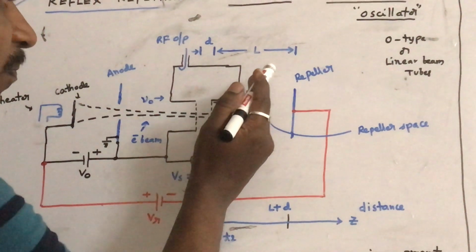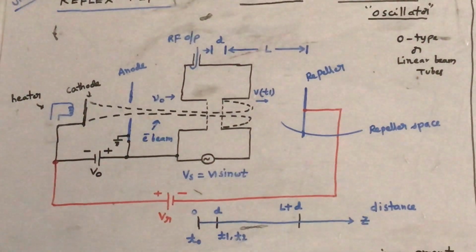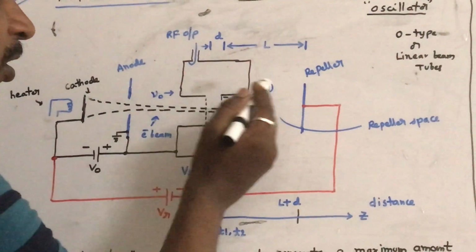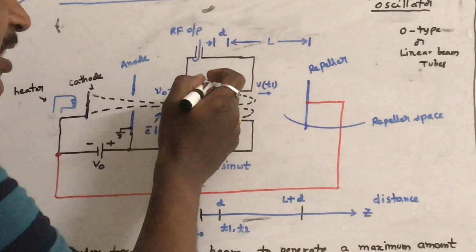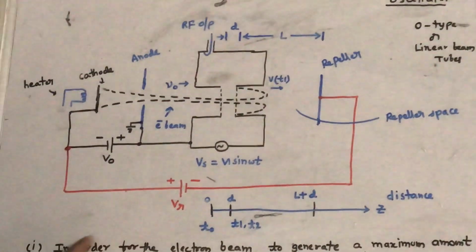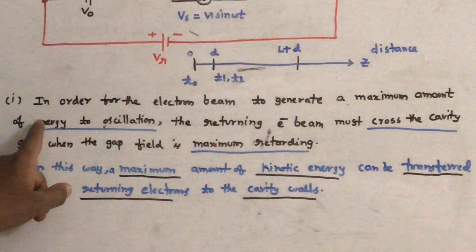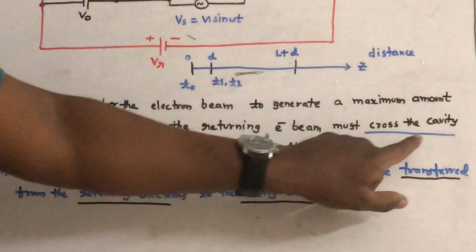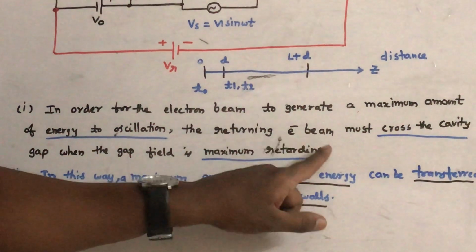This bunched electron beam will return back to the cavity gap. When the beam passes through this gap, the maximum amount of kinetic energy of the electron beam is transferred to the cavity. In order for the electron beam to generate the maximum amount of energy for oscillations, the returning electron beam must cross the cavity gap when the gap field is maximum retarding.